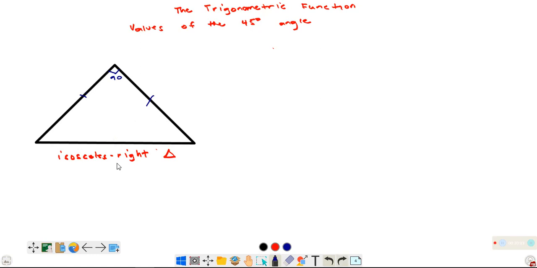So, this is the base. And since the two legs are equal, the base angles will be congruent as well. Since this is 90, we are going to divide the remaining 90 into 2. So, you have 45 degrees, 45 degrees, since the sum of all the interior angles should be equal to 180 degrees.